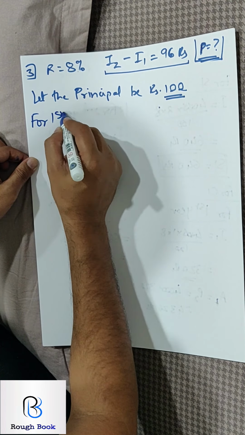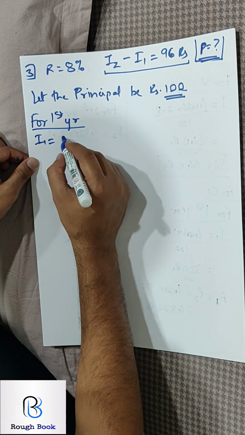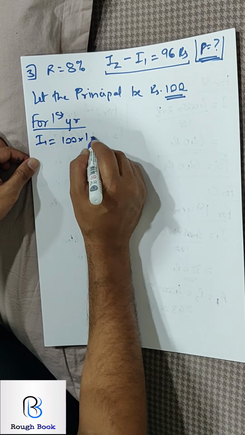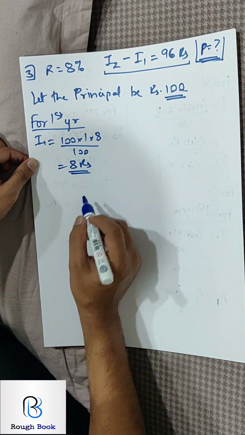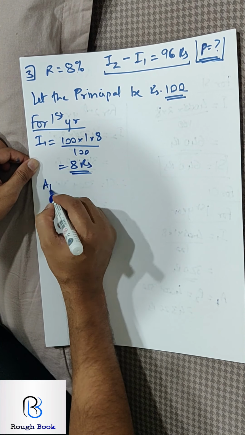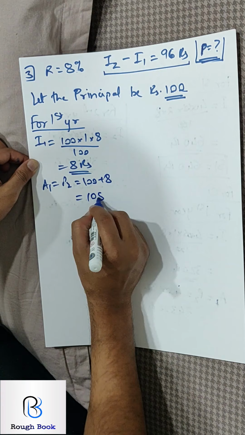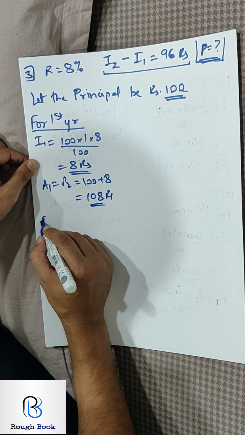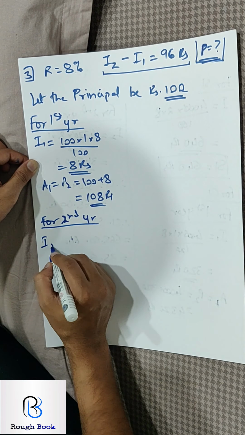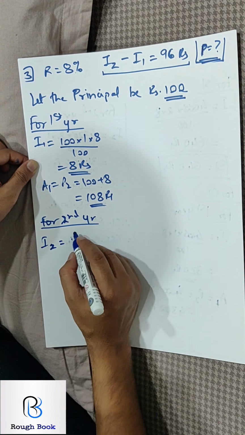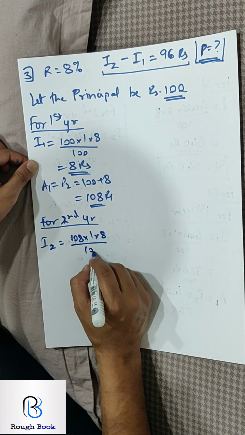So for first year, I1. So I1 is 100, 1 year, 8%. So becomes 8 rupees. So I got my I1. A1 or P2 is 100 plus 8, 108 rupees. For second year, I will calculate my I2. So my I2 will be 108, 1 into 8% again.